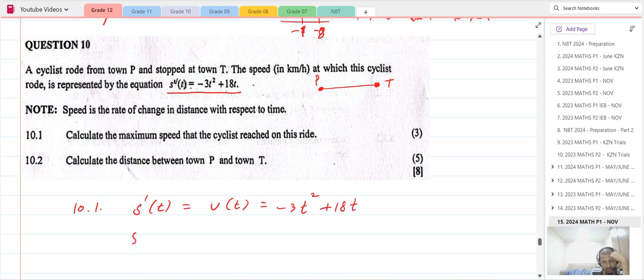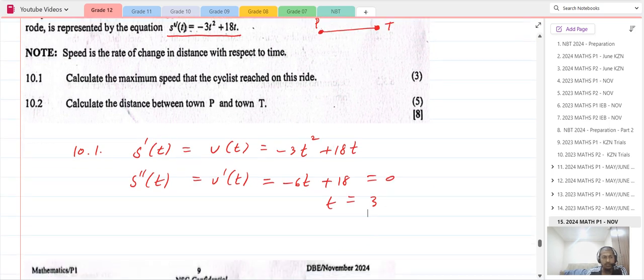So we're basically finding s double prime t, which is v prime t, right? And we're getting minus 6t plus 18 is equal to 0. So t is equal to 3. Now if we substitute t is equal to 3 inside here, then we will get the maximum, right?